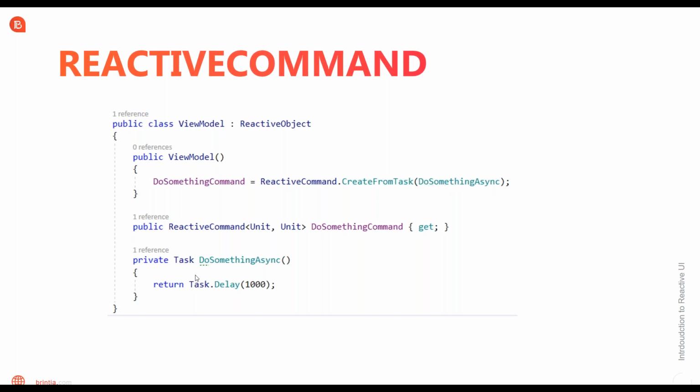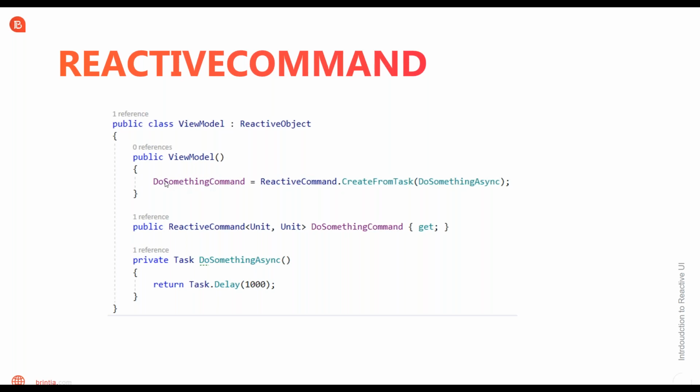And the interesting thing about this reactive command, apart from being a particular sequence, because they act like sequences, is that they handle all the logic behind the execution of the asynchronous operation. So while the operation is being executed, the button will become disabled automatically, and it won't become enabled again until the operation has been completed.